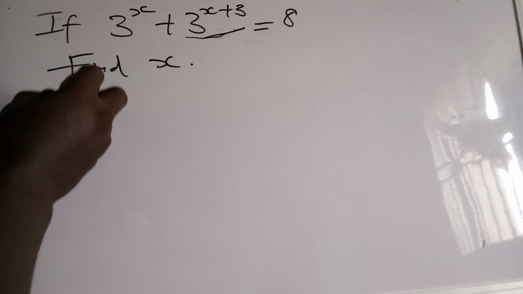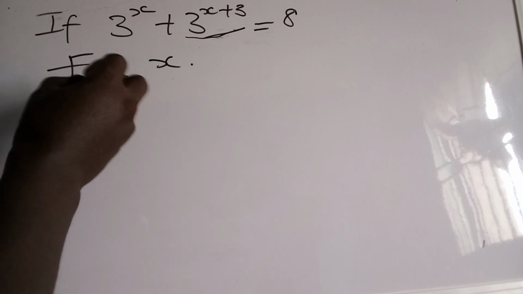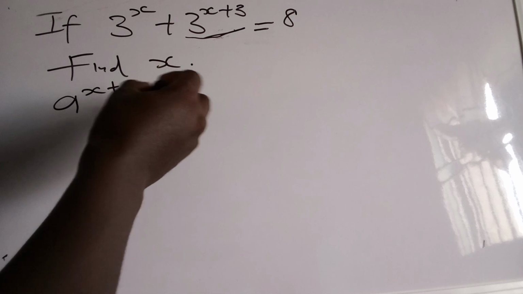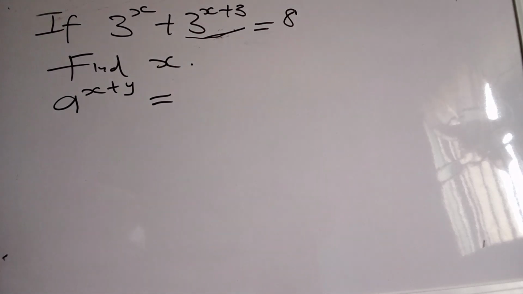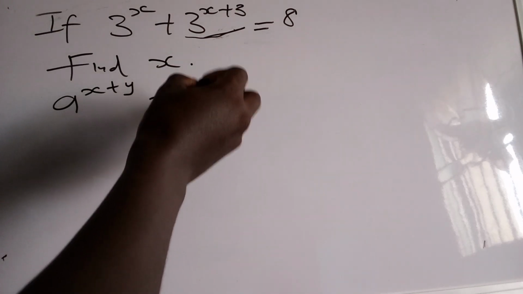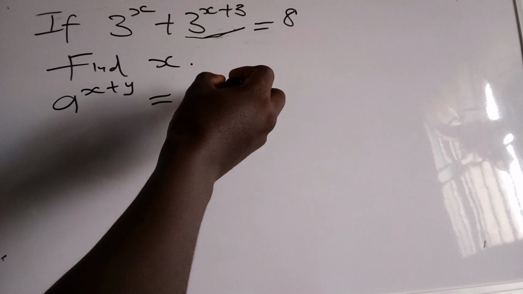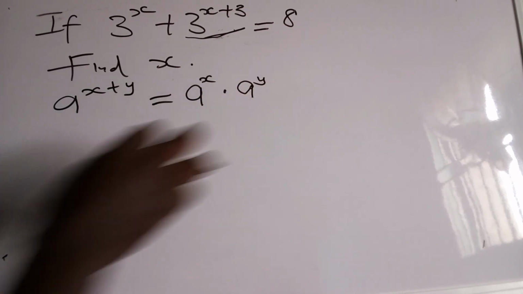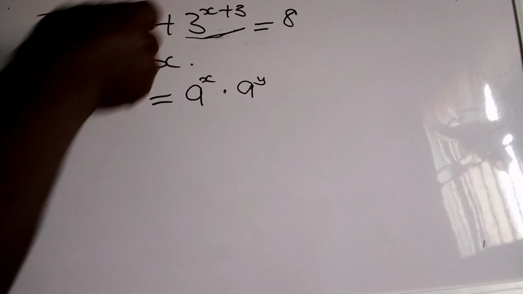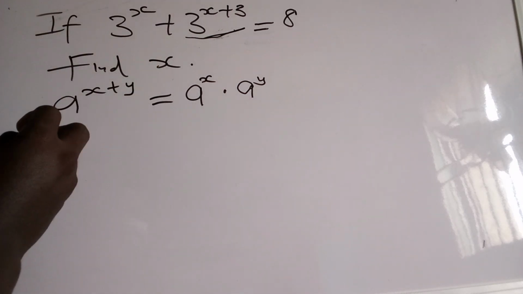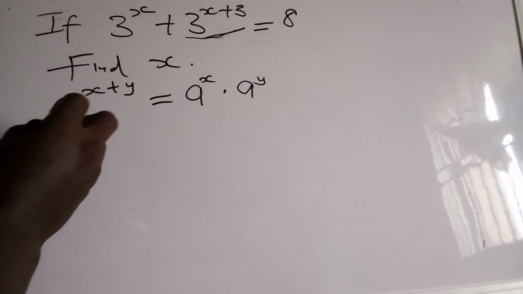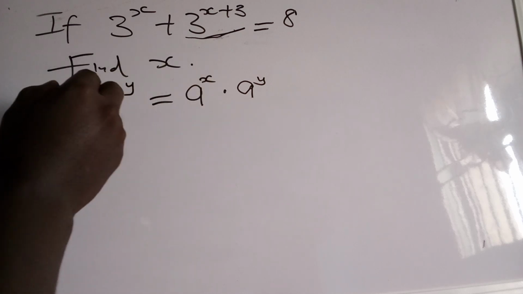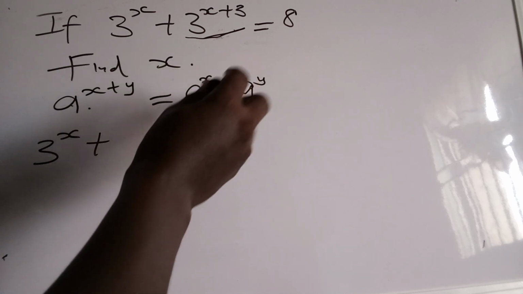The one which says a^(x+y), or m plus n, either way, can also be written as a raised to power x multiplied by a raised to power y. So in this case, we'll replicate that.